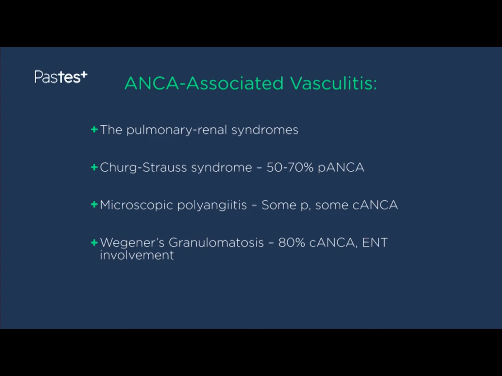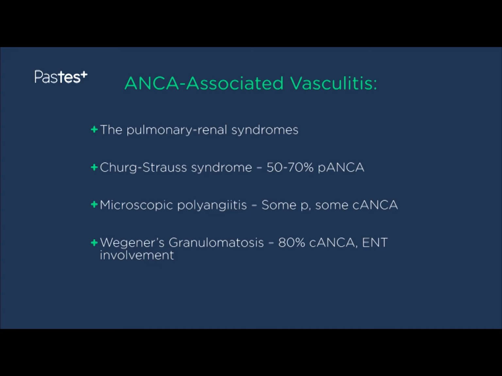If you're on the ward round and you have a patient who has a pulmonary renal syndrome, people with multi-system disease should make you think about vasculitis. When you see a patient like this on the ward round and the consultant says, what do you think this might be? I think it's very reasonable to say, I think this could be an ANCA-associated vasculitis, because that encompasses the majority of the serious systemic necrotizing vasculitides.